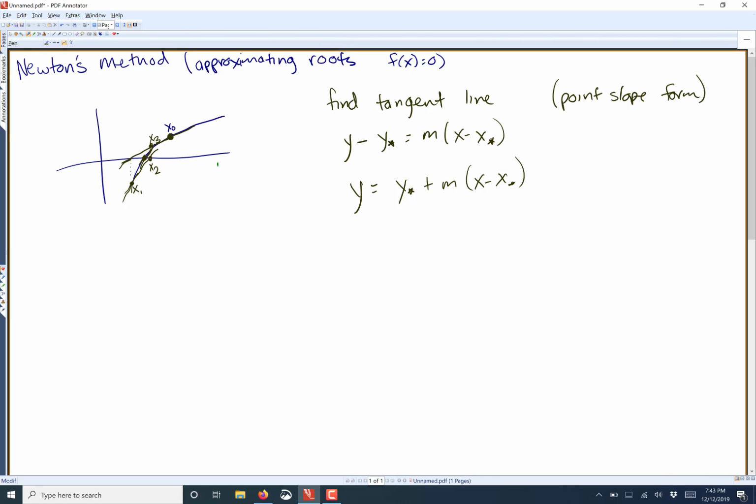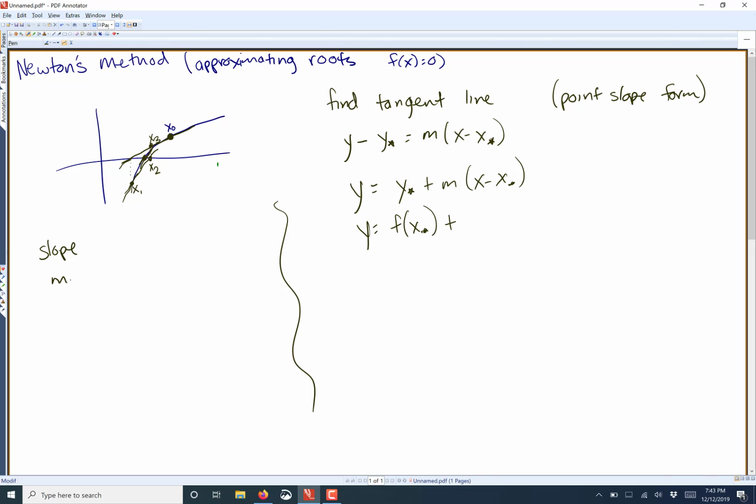So y at that star value would just be your function at whatever your x guess is. Now, how do you find your slope though? So let's come over here so we can find our slope. Well, luckily we have a way to find the slope of any equation at any point. It's called our derivative.